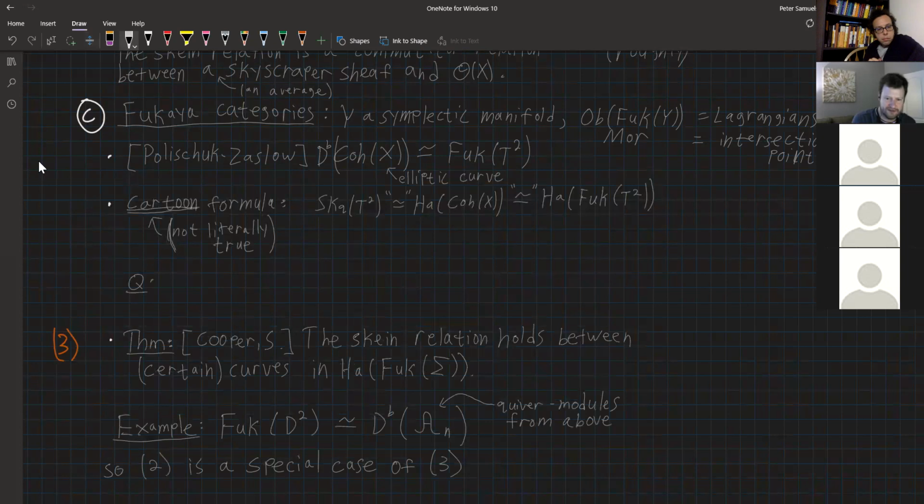This is an optimistic question, but there's some evidence that Ben Cooper and I found that this question is reasonable. The question is: is there a relation between the Skein algebra for a surface and the Hall algebra of the Fourier category?